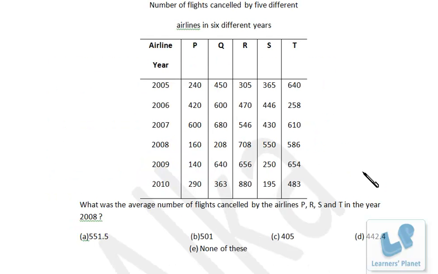I take one question for example. What was the average number of flights cancelled by airlines P, R, S and T in the year 2008? Here the number of flights cancelled by 5 different airlines in 6 different years is given. Now P, R, S and T, right? I assume the average to be 500.